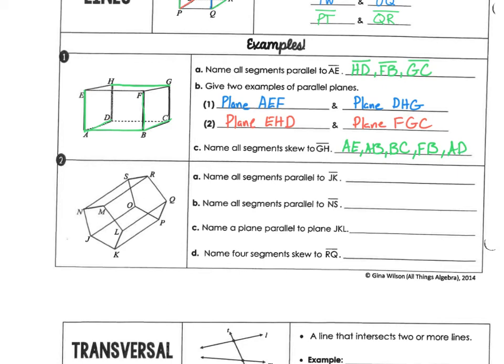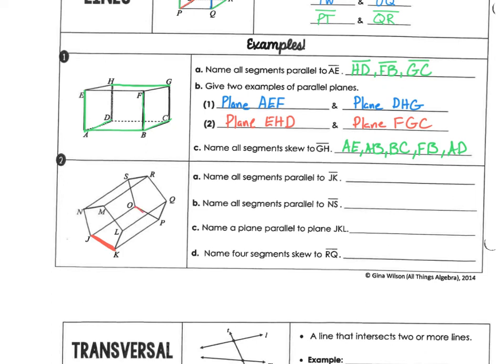Okay. Now if we come down here to this bottom one, we look here, name all segments parallel to JK. So we find J and K. Here, what line would be the opposite of that on the other side? So the bottom part of that. So we're looking at JK, the red line on there. What would be the opposite parallel to that?